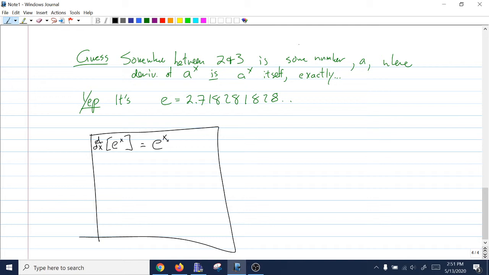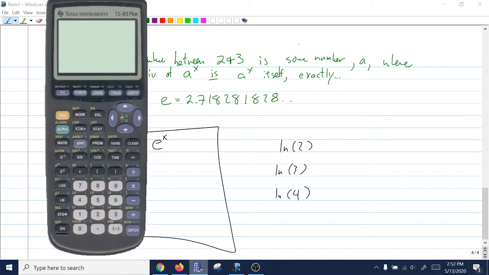Remembering that e is something, and thinking about the things we did in an algebra class when we learned about e to the x, we learned about natural log. Once we get natural log on the brain, we have a shot of working out that natural log of 2 and natural log of 3 and natural log of 4 produce those numbers that we didn't know where they came from before. Natural log of 2 is 0.69.